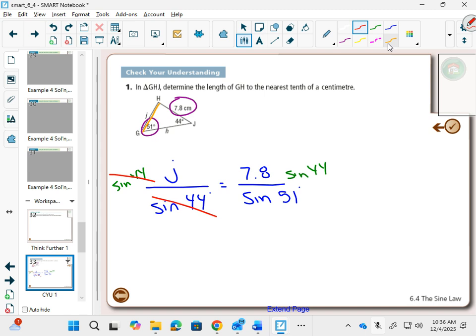I'm showing it now, but I would be fine if you immediately went to this next step where you got J by itself. And you wrote J is equal to 7.8 sine of 44 over sine of 51. And we can go to our calculator and type this in.